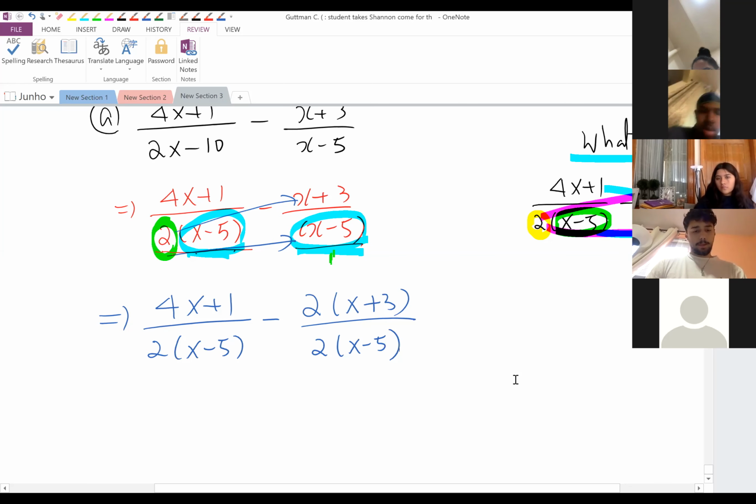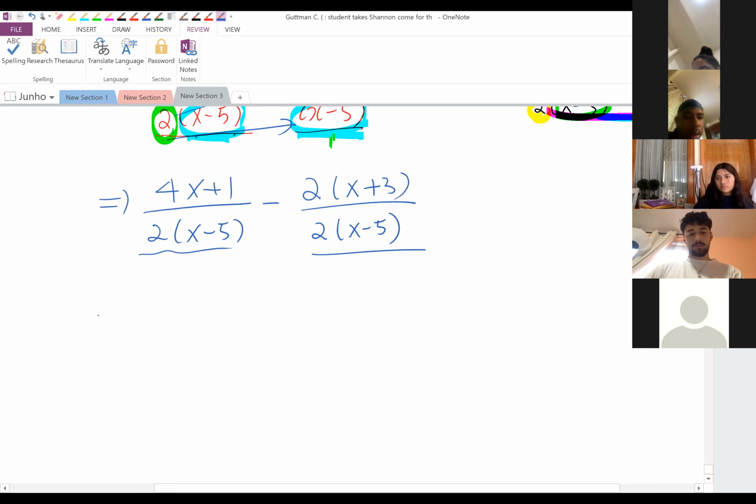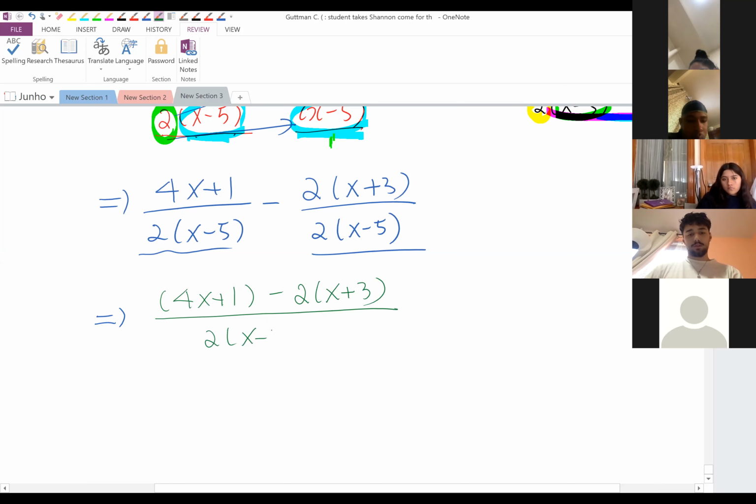Okay, so anyway, now, since we have exactly the same common denominator, we can keep one denominator on combined numerator. So 4x plus 1 minus 2 times x plus 3 over 2 times x minus 5.